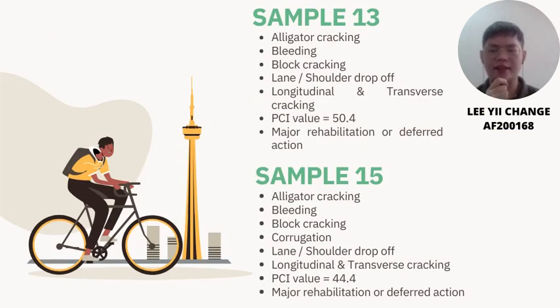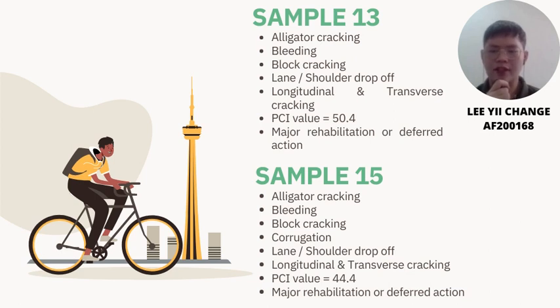Besides that, the distresses found in sample 13 are alligator cracking, bleeding, block cracking, lane or shoulder drop-off, and longitudinal and transverse cracking. The PCI value of sample 13 is about 50.4 and it requires major rehabilitation or deferred action.